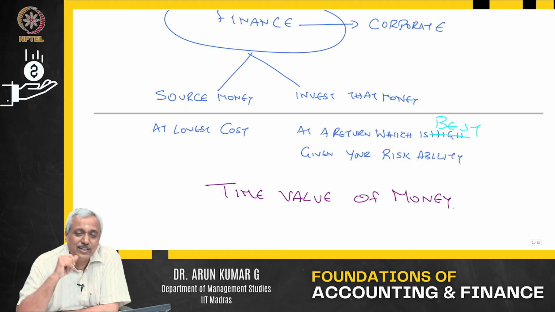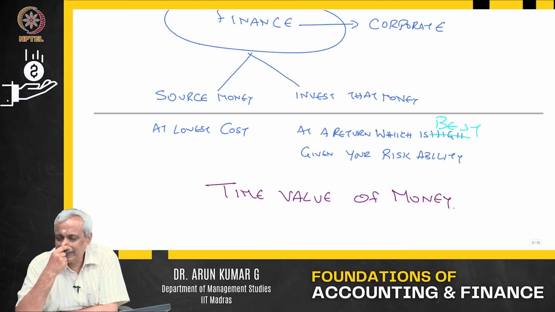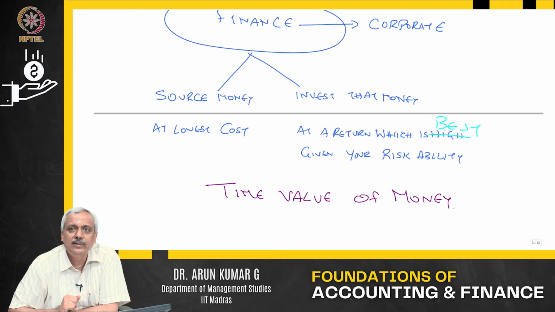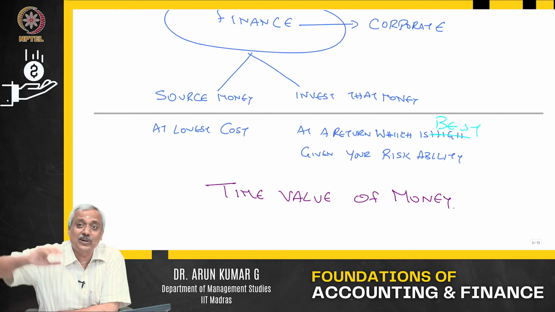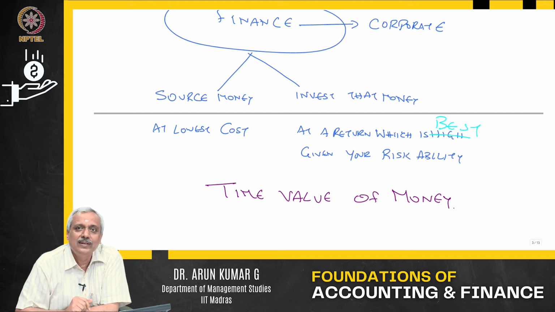So, when I say sourcing money, imagine I have sourced about $100,000 as of today, or let us say 1 lakh rupees as of today. I have made investments, and the investment is going to give me return after 5 years, and after 5 years it is giving me 1,10,000. Is it worth investing? Well, at the outset you will say yes, it is worth investing because you are getting 10,000 rupees more.